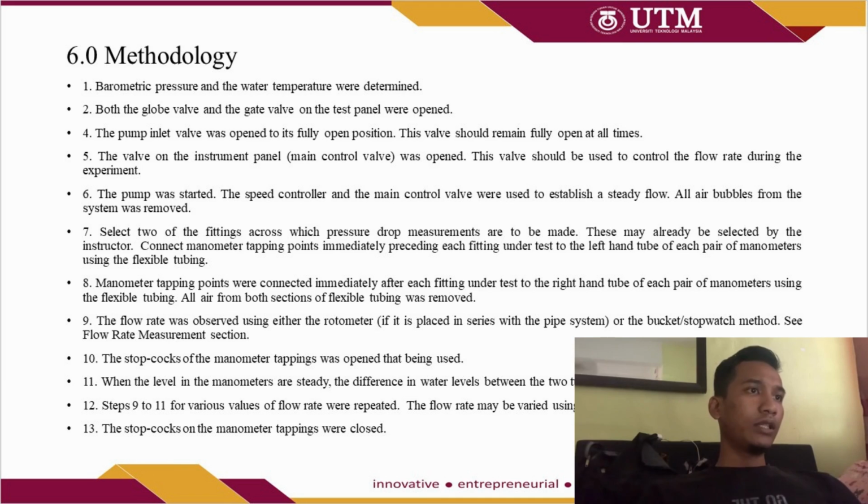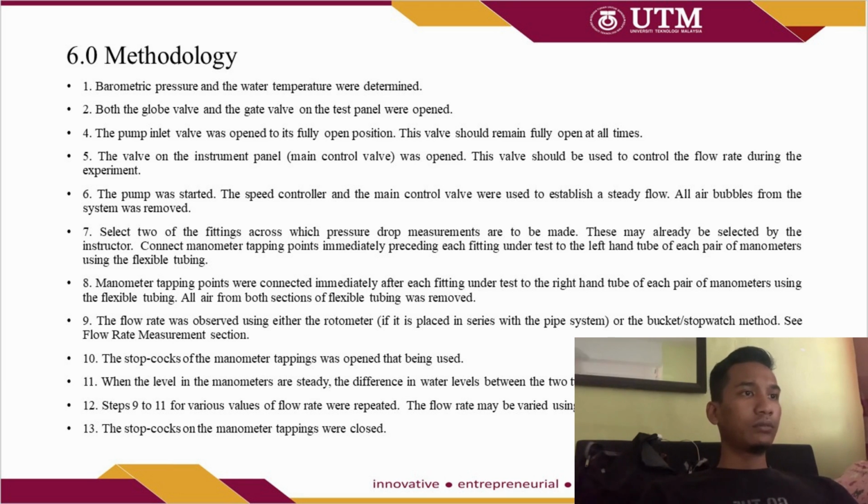Number 8, manometer tapping points were connected immediately after each fitting under test to the right hand tube of each pair of manometers using the flexible tubing. All air from both sections of flexible tubing was removed. Number 9, the flow rate was observed using either the rotameter if it is placed in series with the pipe system, or the bucket and stopwatch method. See the flow rate measurement section.